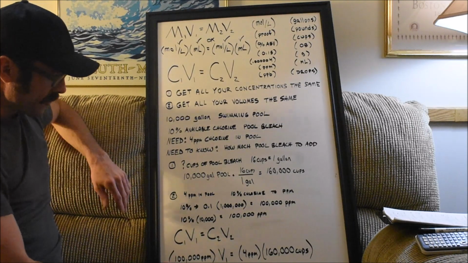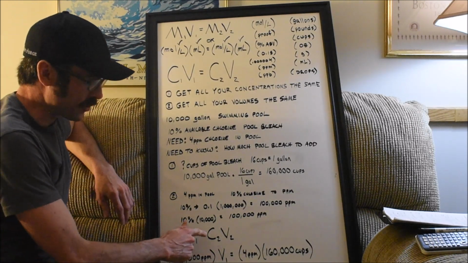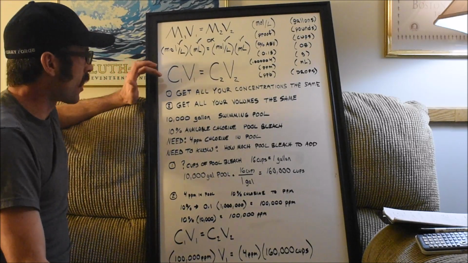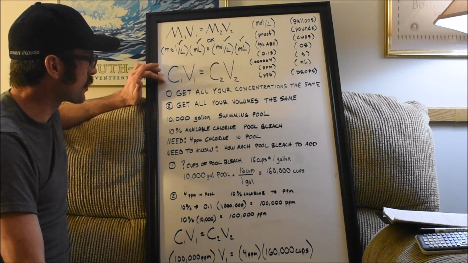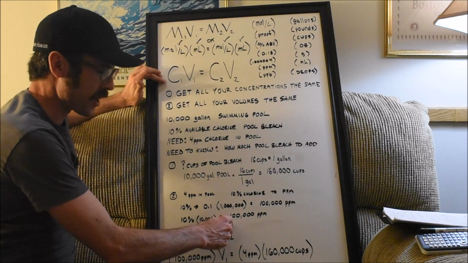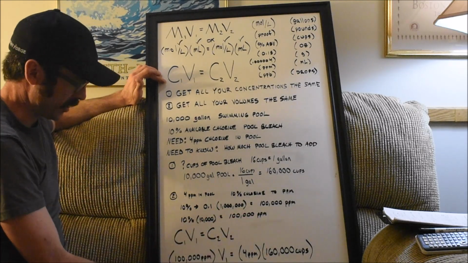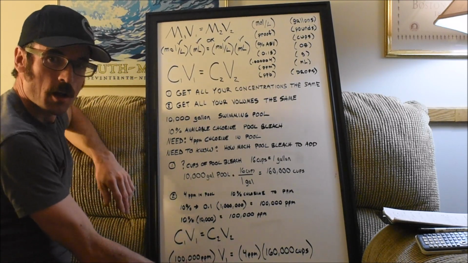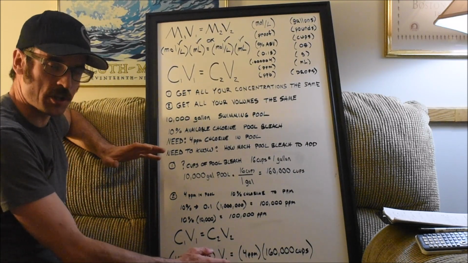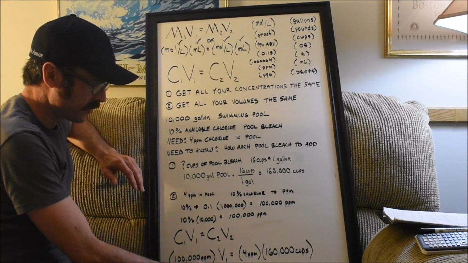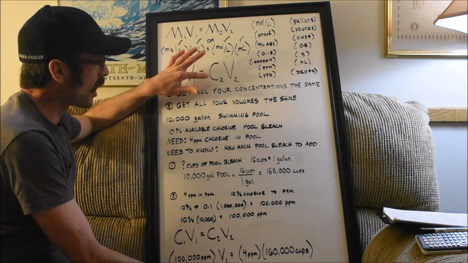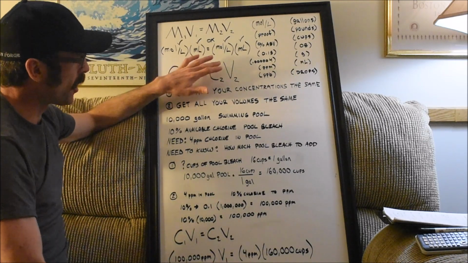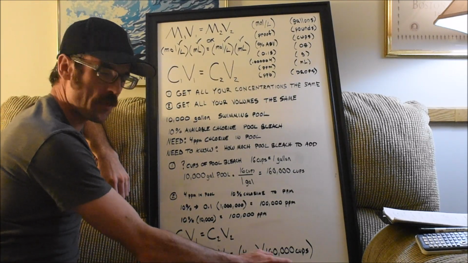Alright, I think we're there. C1V1 equals C2V2. The concentration of the 10% chlorine, okay, that's 100,000 parts per million, so we write it right there. Our volume of that chlorine that we're going to use in our pool, we don't know that. But on the other side, the concentration that we want is 4 parts per million, and the volume of our pool is 160,000 cups.